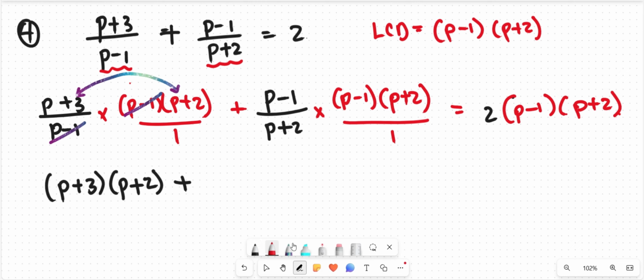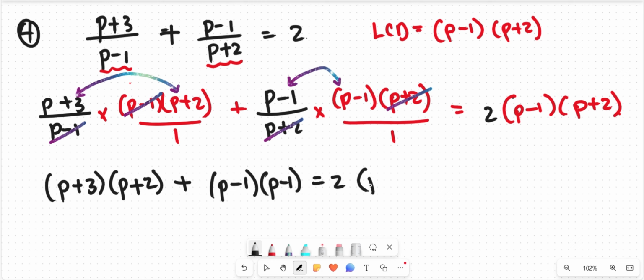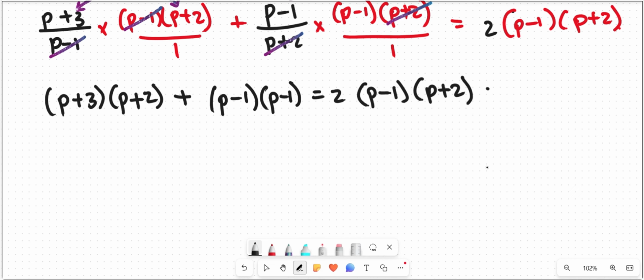Then for the second one, the P plus 2 and the P plus 2 cancel. So the P minus 1 and the P minus 1 are going to be left multiplying. So we have a P minus 1 that is multiplying a P minus 1. Then the last one, there's really nothing we need to do there, but leave it like this and come back and multiply those brackets out.